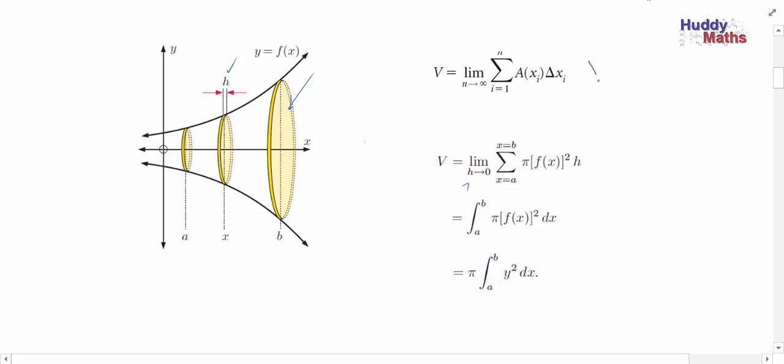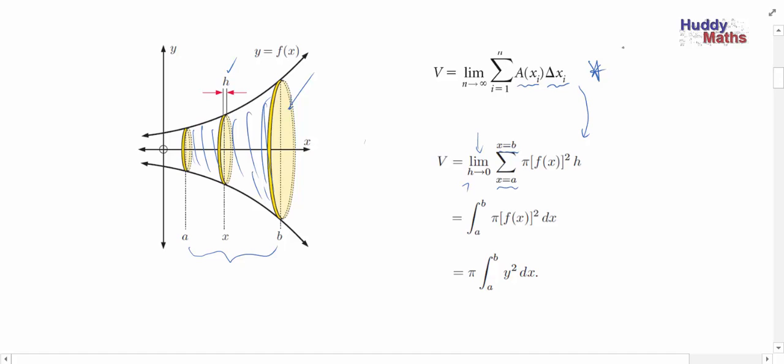The idea is that we're going to have an infinite number of those discs with volume equal to the area of their cross-section times the width. Instead of an infinite number, we say h is tending to 0, and we put as many skinny discs as we can from A to B to get the volume of this rather interesting shape.